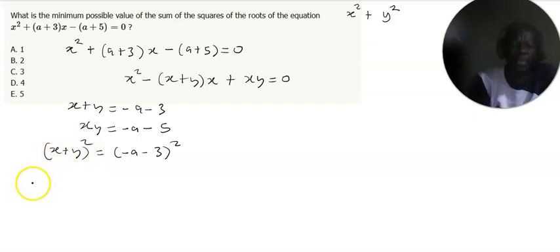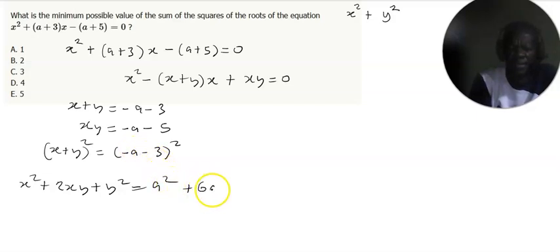If you square x plus y, you get x squared plus 2xy plus y squared. If you square the right side, you get a squared plus 6a plus 9.